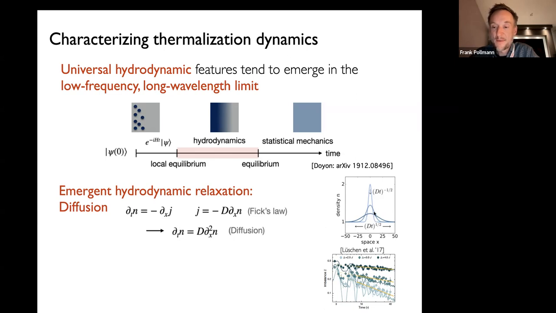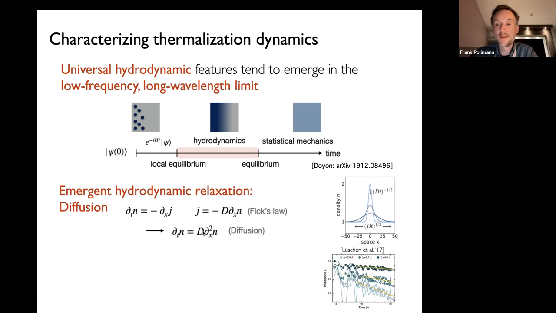So in particular, this initial delta peak that we might have started from for the particle density will develop a Gaussian with a width that is increasing as the diffusion constant times the square root of t.